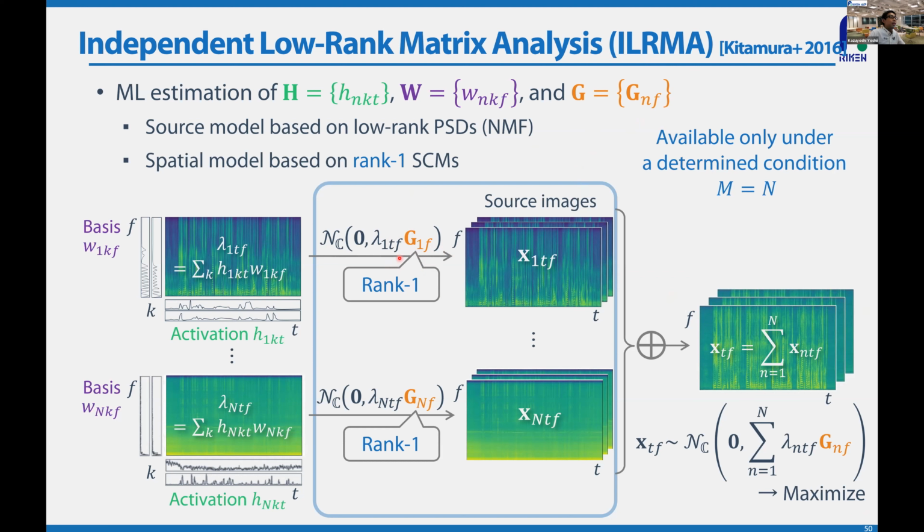Also, due to the rank 1 constraint, this method is available only under a determined condition, where the number of microphones is equal to the number of sound sources. However, this method is very robust to initialization. This means that ILRMA is experimentally proven to outperform the original multi-channel NMF.